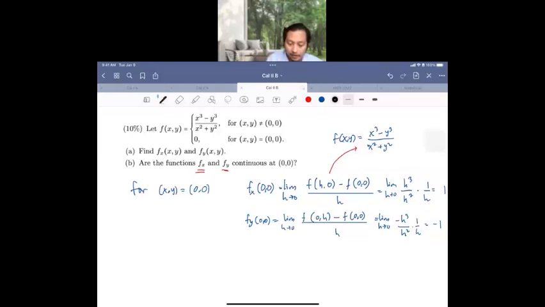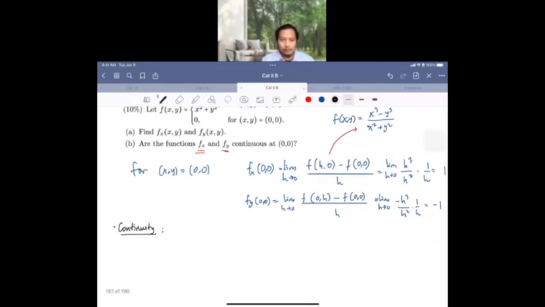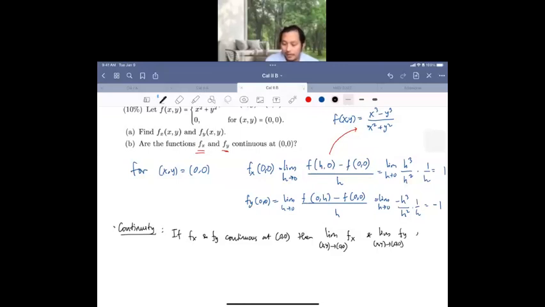Okay, so based on our calculation, to check the continuity, what you need to remember is, if partial x and partial y are continuous at 0, 0, then the limit as xy approaches 0, 0 for partial x, and the same thing for partial y, should exist, and their values should equal 1 and negative 1.